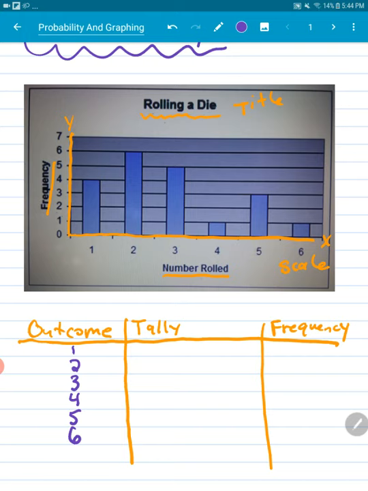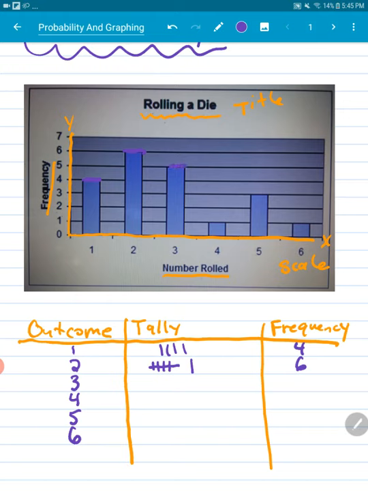Based on our graph up here, we can see that the bar on number 1 goes up to here. That means the frequency is 4, or if we turned it into a tally, 1, 2, 3, 4. Sometimes you do the tally first and then you count it up and put it as an actual number later on. For 2, we can see it goes up to 6, so that's going to be 6, 1, 2, 3, 4, 5, 6.